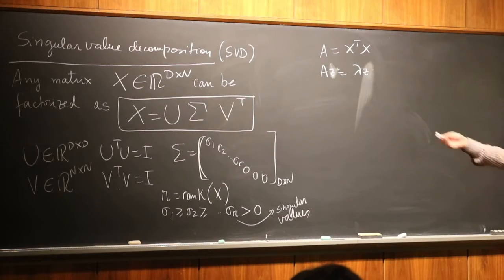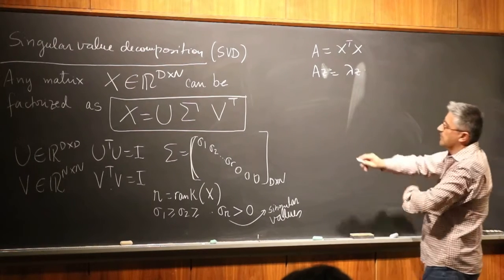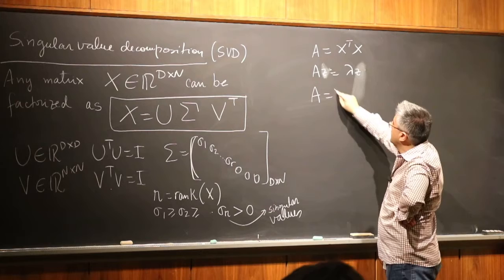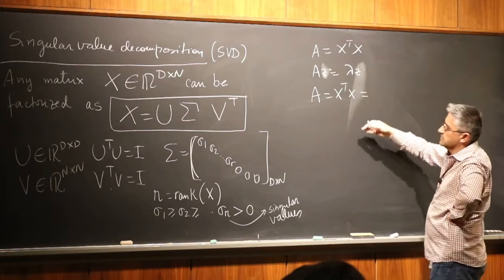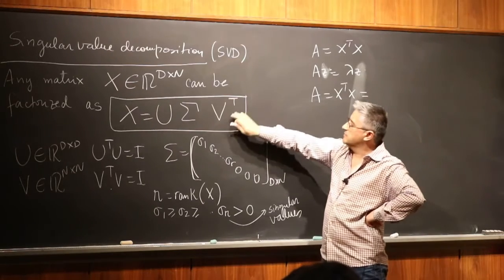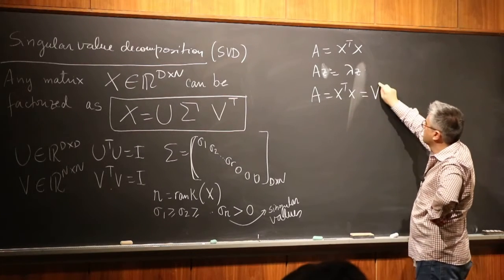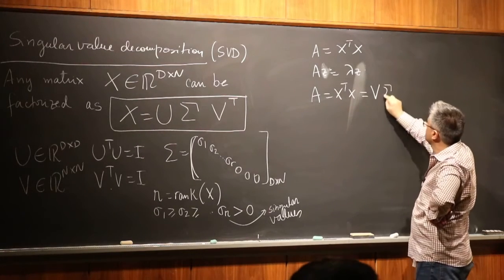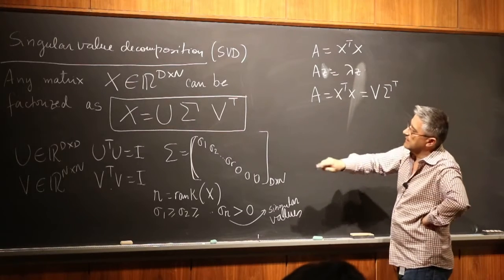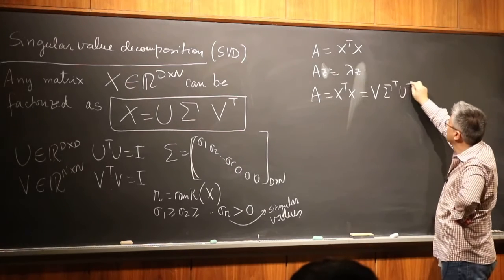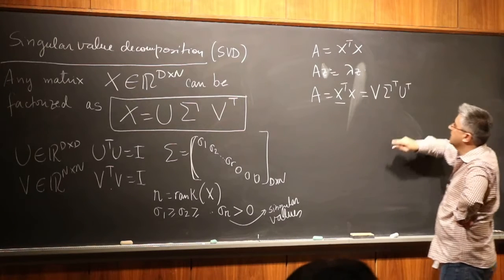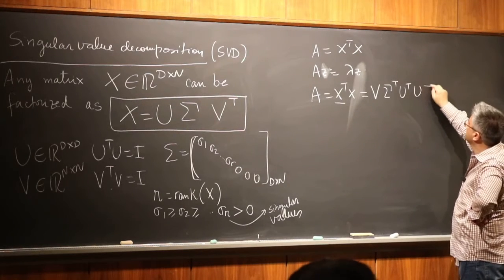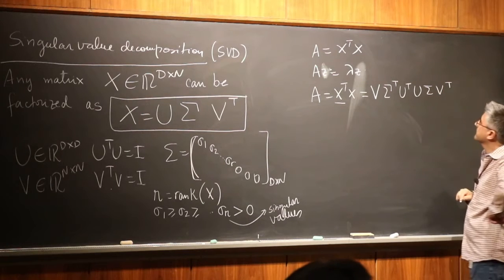Then let's use this singular value decomposition for something. I know that A is X transpose X, and X transpose is going to be V transpose transpose, so it's going to be V, then sigma transpose, then U transpose. That's the X transpose, and then X. So X is U, sigma, and V transpose.